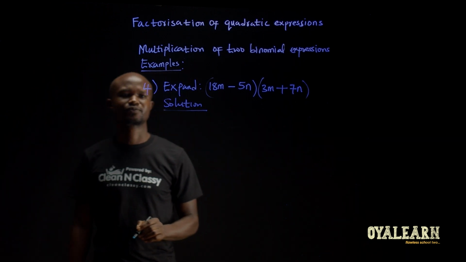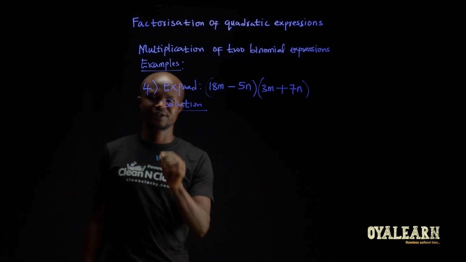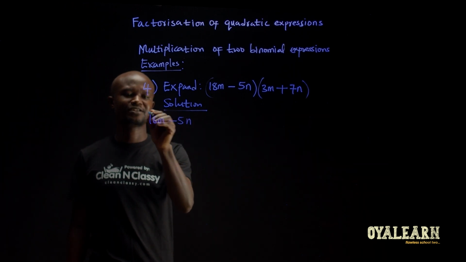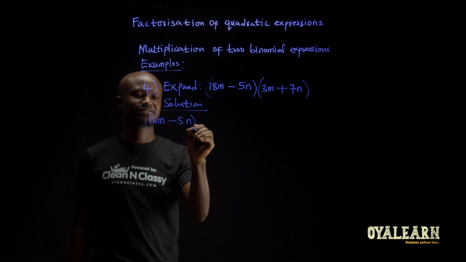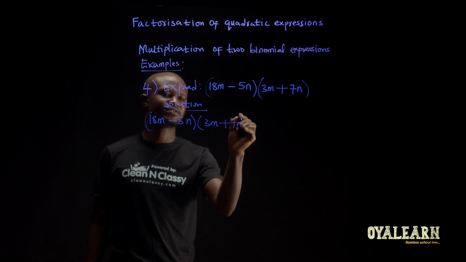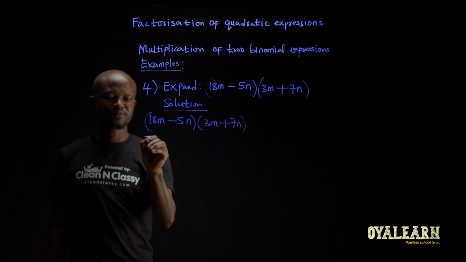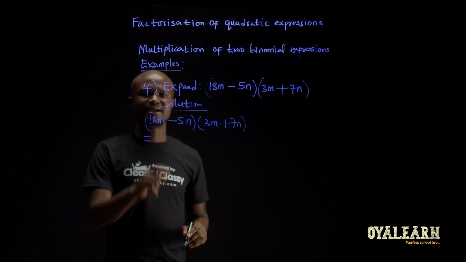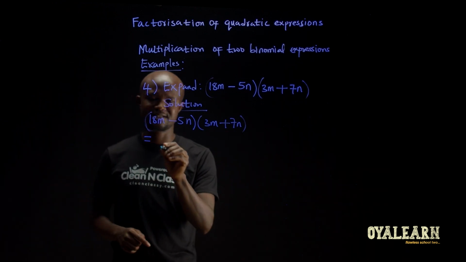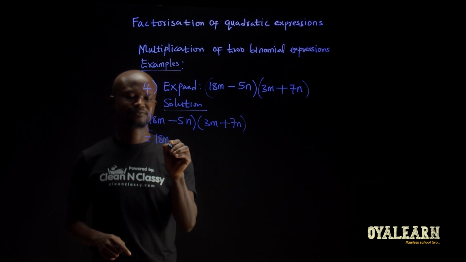Now, we have 18m minus 5n into bracket 3m plus 7n. This is going to be equals to, now, the first binomial expression, the first term there is 18m.